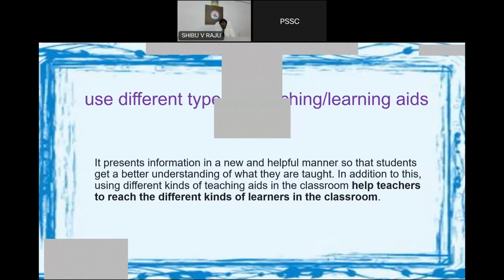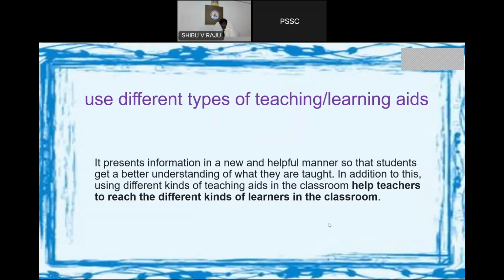Anything we show, students will surely be influenced by one or another teaching aid, that is for sure. So different types of aids have a lot of influence among the students.